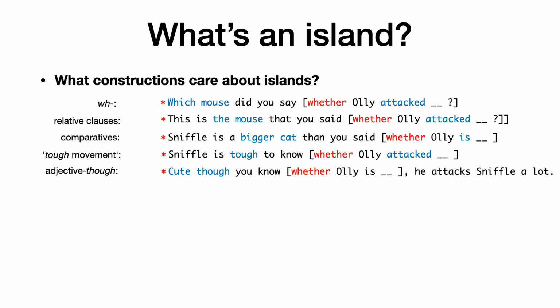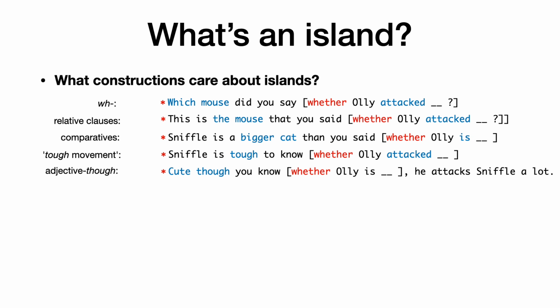So notice this is not a WH question, right? But it's something very different. And we can get into like more exotic kinds of phenomena. So with clausal comparatives, we also see island phenomena. So Sniffle is a bigger cat than you said whether Ollie is.